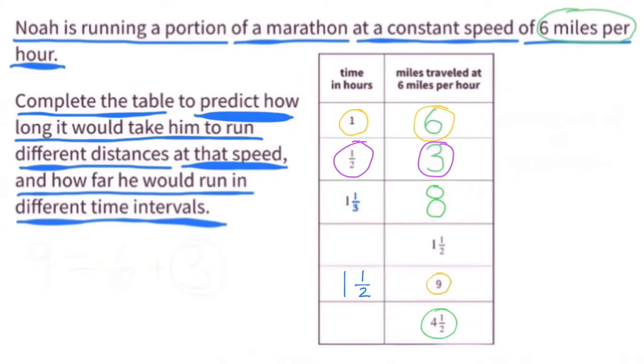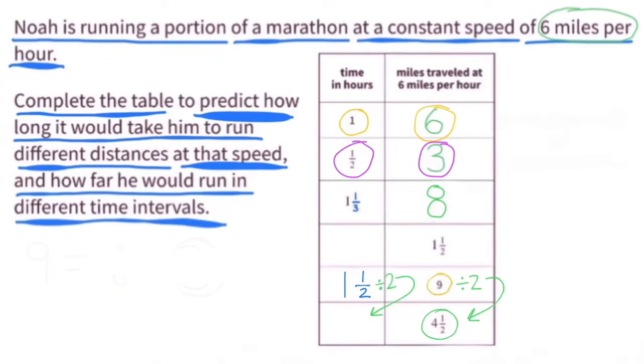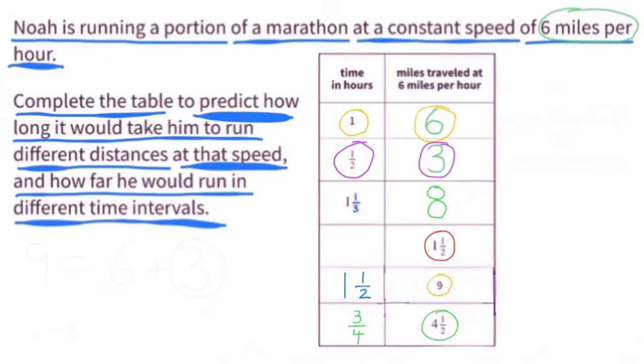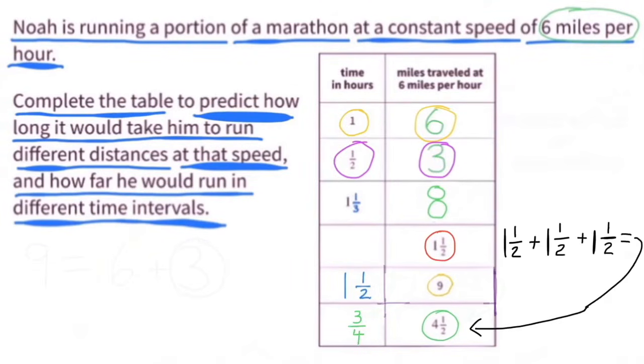One way to figure out 4.5 miles traveled at 6 miles per hour is 4.5 is exactly half of 9. So 9 divided by 2 equals 4.5, and 1.5 divided by 2 equals 3/4 of an hour. 1.5 miles traveled at 6 miles per hour is 3 times less than 4.5 miles traveled at 6 miles per hour, because 1.5 plus 1.5 plus 1.5 equals 4.5.